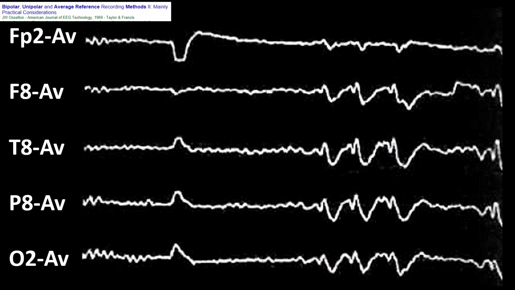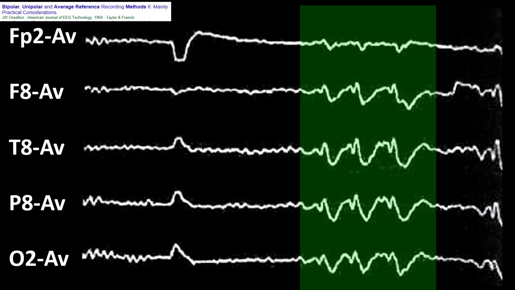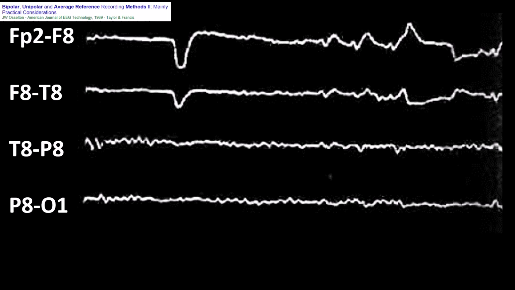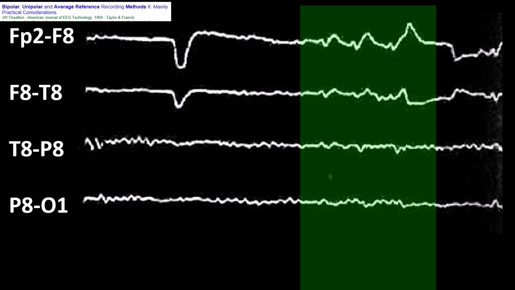This is the same epoch but now using average as a reference. You can see that the activity still looks generalized, but now the activity appears to predominate over the posterior regions. This frame consists of the same epoch now viewed using bipolar montage. As you can see, the activity is greatly diminished in amplitude and it is basically restricted to the frontal regions.